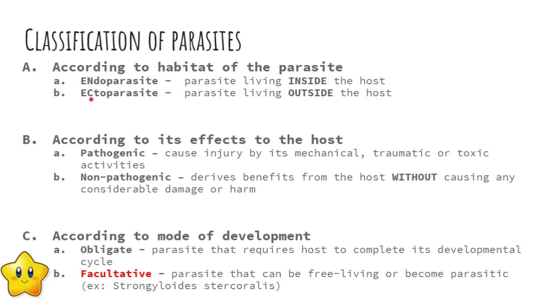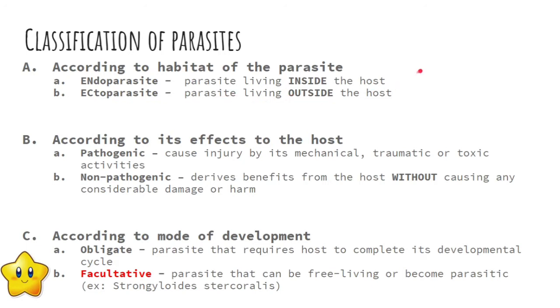While your ectoparasites are the parasites which are living outside the host. I repeat, classify the parasite according to the habitat. Endo, meaning inside, so endoparasites are those parasites living inside the host. While your ectoparasites, ecto meaning outside, are the parasites living outside the host.